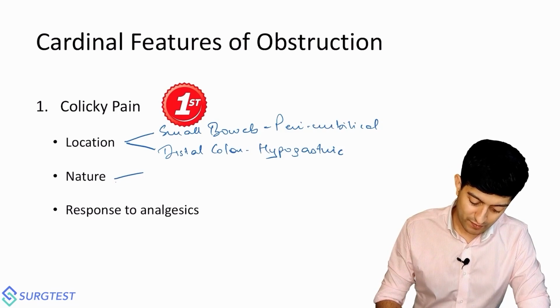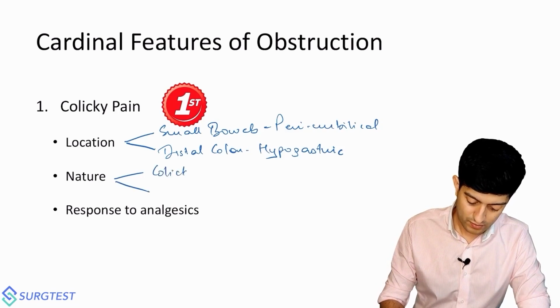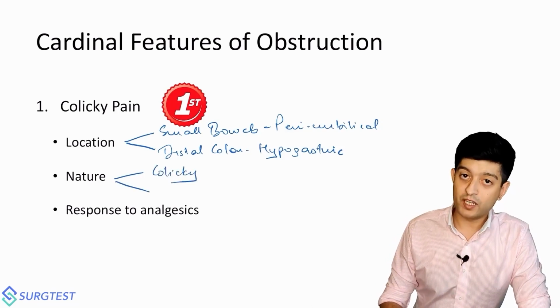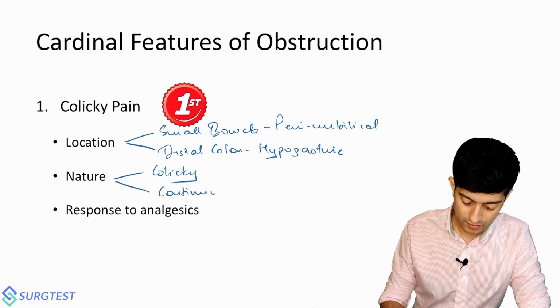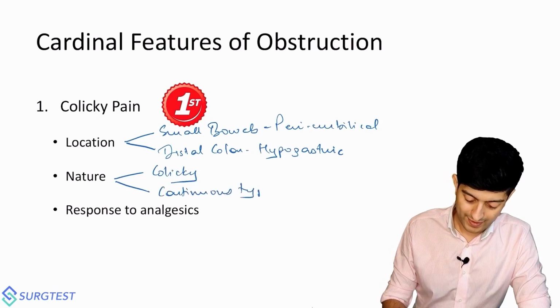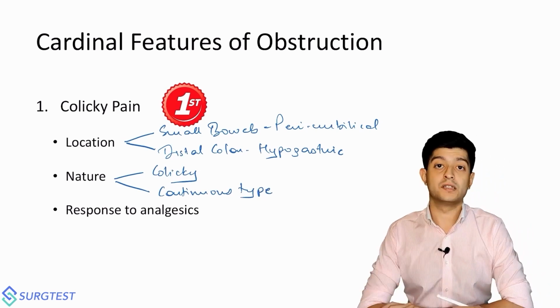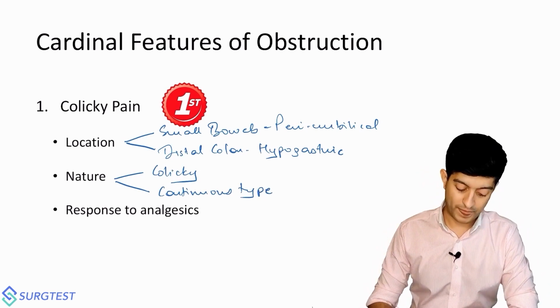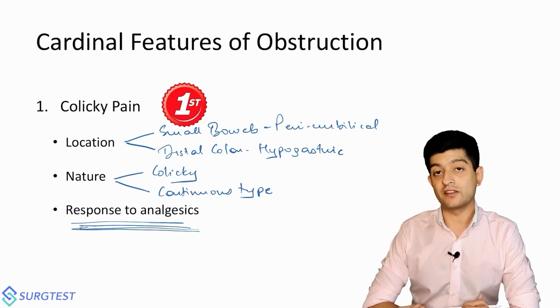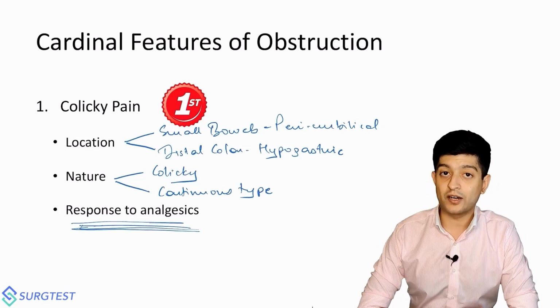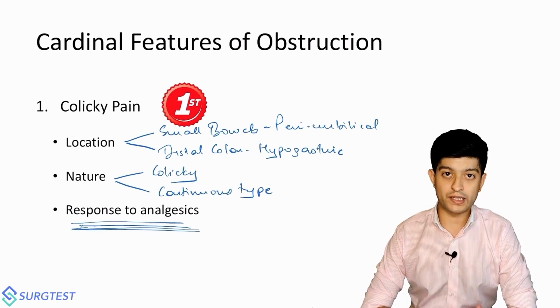It'll initially be colicky, then it becomes silent, and eventually a continuous type of pain heralds bowel ischemia and is a harbinger of perforation. Always beware the pain that is not responsive to analgesics. This means that a patient may be on the verge of developing a strangulated obstruction.